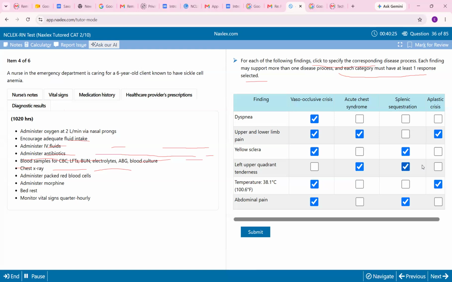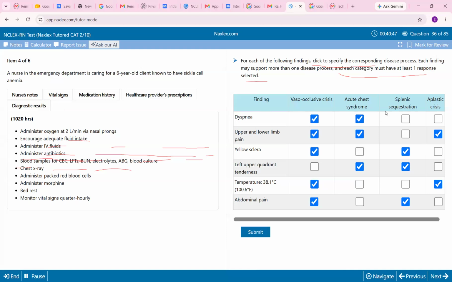And Anbu, can you please recheck the answer, or do you want to make any changes? Take this question as study mode. Okay, don't worry. Dyspnea is in vaso-occlusive crisis. You can add it to acute chest syndrome. Yes, acute chest syndrome.